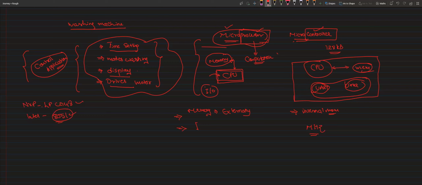Some of the features of the 8051 microcontroller are, and this is also one of the important questions they usually ask: what are the features of the 8051 microcontroller?